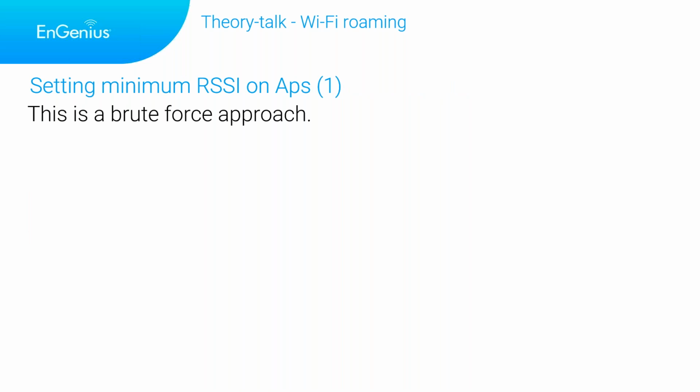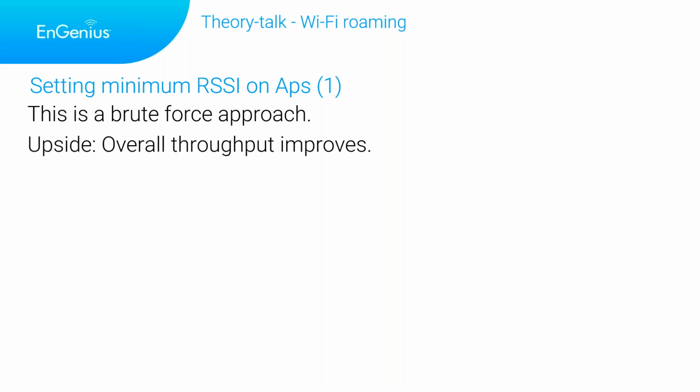So if you do not have 11v and the APs will not share that information, or the clients will not accept that information, we have one more thing that we can do, and that's setting the minimum RSSI on APs. You have to remember this is a brute force approach.